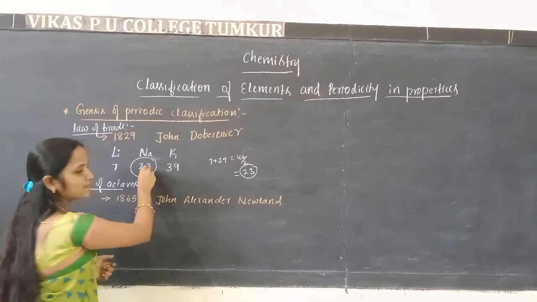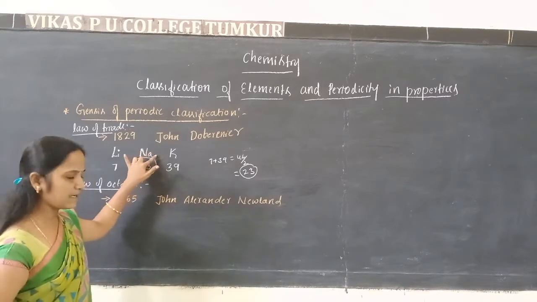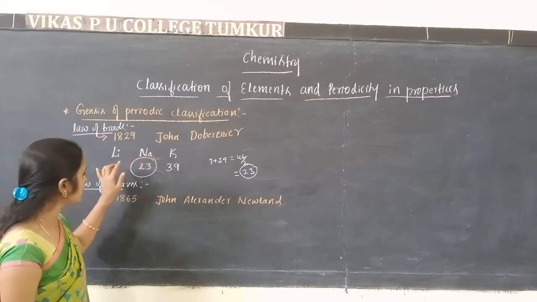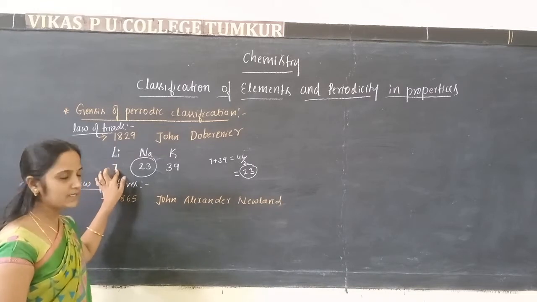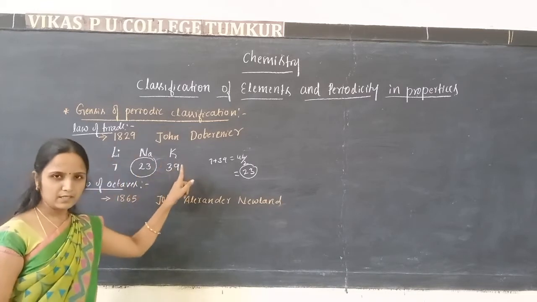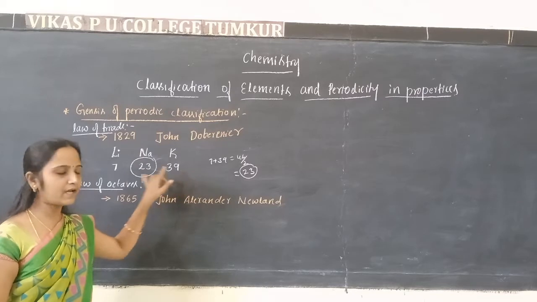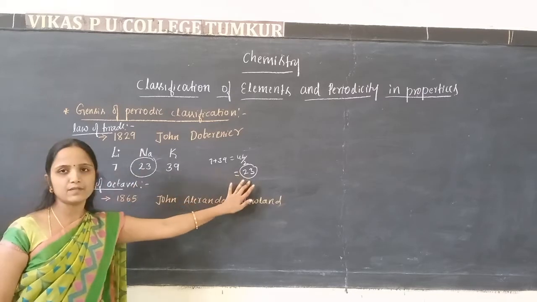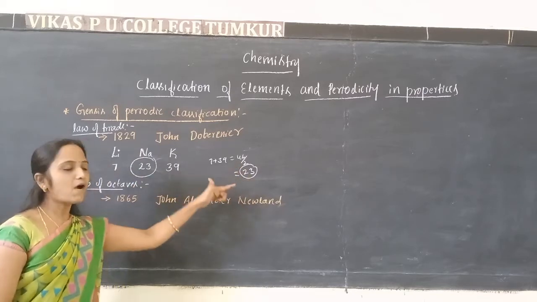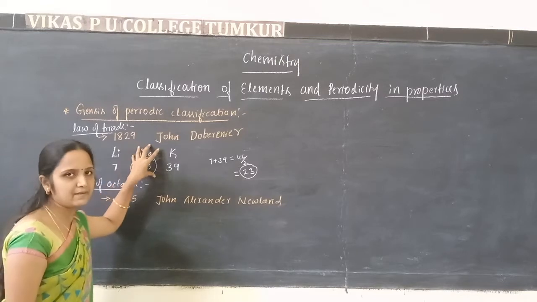That is 23. ಏನಾಯ್ತು? 3 set of elements ತಗೊಂಡ ಅದರಲ್ಲಿ ಏನು ಮಾಡ್ದ? ಅಟಾಮಿಕ್ ಮಾಸ್ ಆಫ್ ದಿ ಫಸ್ಟ್ ಎಲಿಮೆಂಟ್ ಮತ್ತೆ ಅಟಾಮಿಕ್ ಮಾಸ್ ಆಫ್ ದಿ ಥರ್ಡ್ ಎಲಿಮೆಂಟ್ ಅವರೇಜ್ ತಗೊಂಡಾಗ ನಮಗೆ 23 ಬಂತು. ಆ 23 ಏನಾಗಿದೆ? ಅಟಾಮಿಕ್ ಮಾಸ್ ಆಫ್ ದ ಮಿಡಲ್ ಎಲಿಮೆಂಟ್ ಆಗಿದೆ.